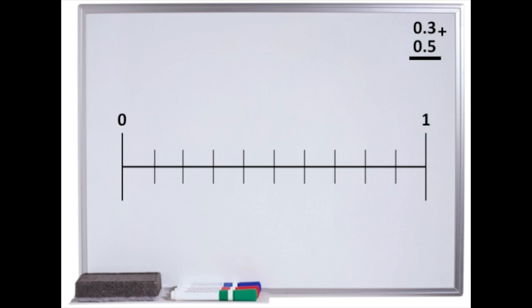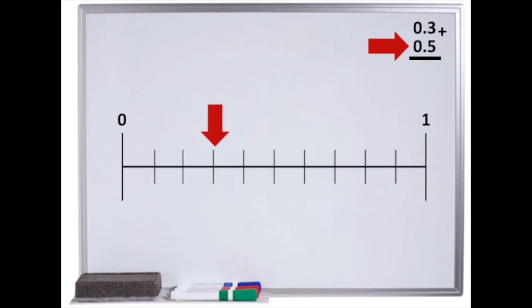Let me show you what this looks like using our number line. Remember, this number line is only counting from 0 to 1, and it has been broken up into tenths. My question says that I have 0.3, which is 3 tenths away from 0. And I am adding 0.5 or 5 tenths to it. Let's count that out.